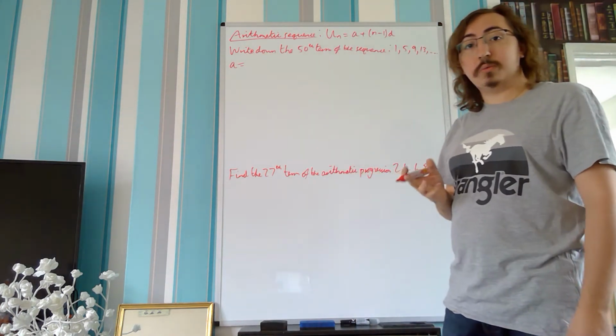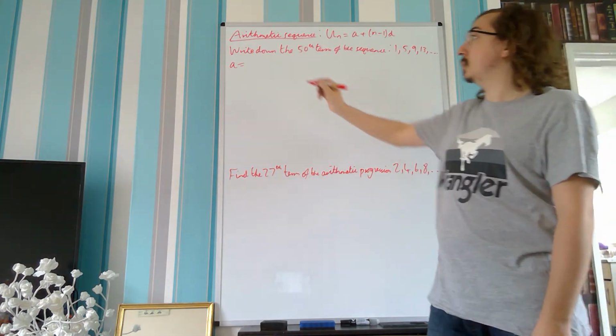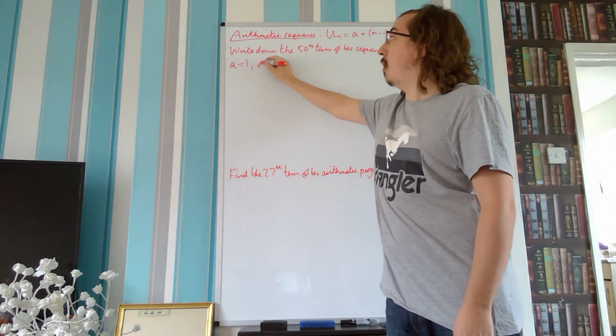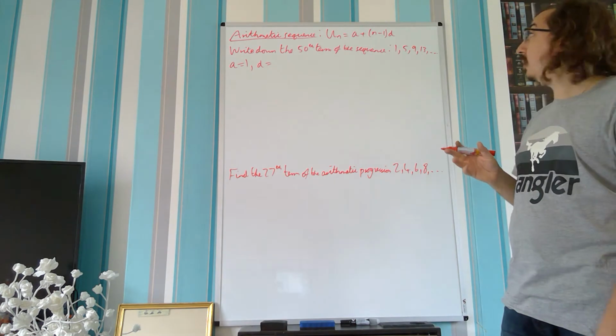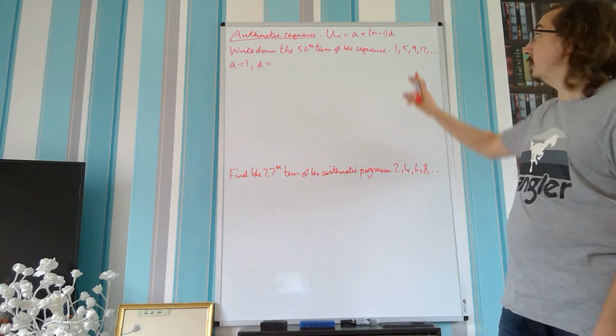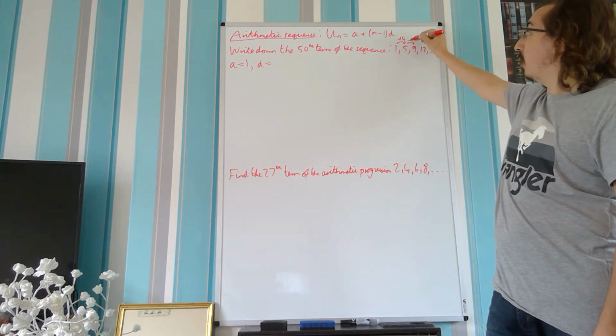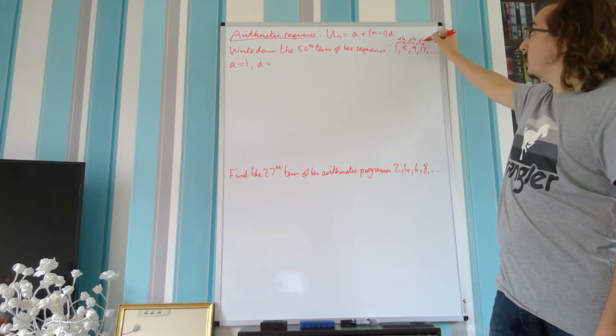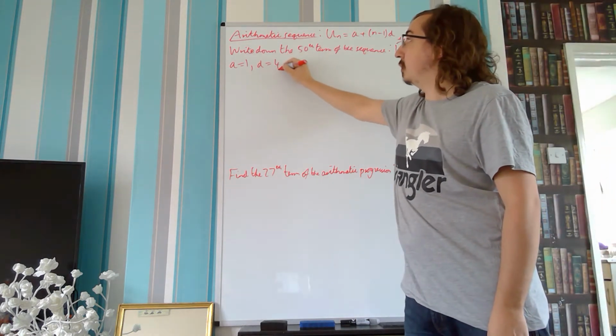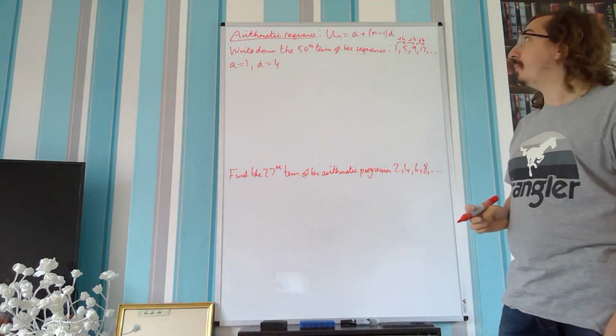Our a value is our first term of the sequence, which in this case is 1, and our d value is our common difference. For this sequence we are adding 4 each time, so our d value is either +4 or just 4.